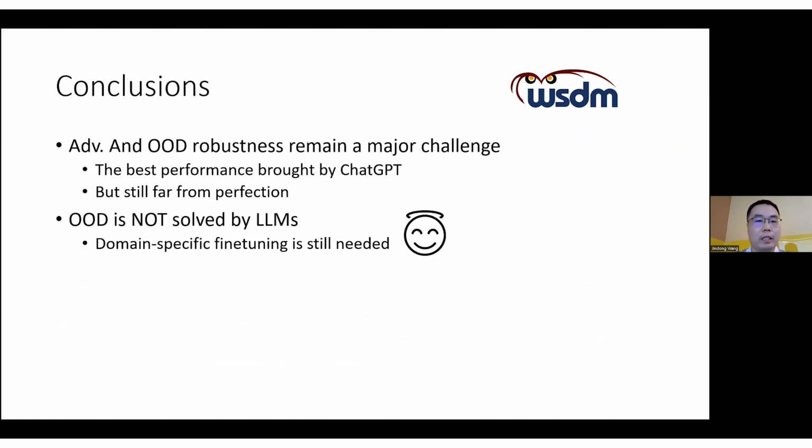And finally, I would like to state again that OOD is currently not solved by large language models or large foundation models. And one hint is that maybe domain-specific fine-tuning is still needed. You can see from the previous slide that DeBERTa actually achieves the same performance as ChatGPT, which tells us that we can do better domain-specific fine-tuning to improve its robustness.